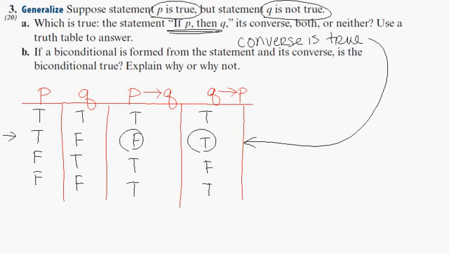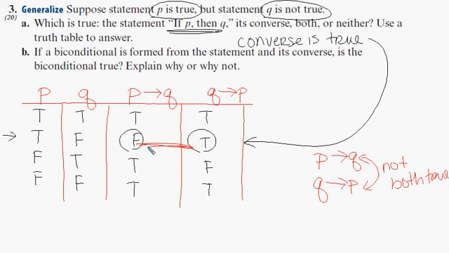Okay, so biconditional is if P then Q is true, and then also if Q then P is true. Well, these are not both true, okay? And you can see that from looking at this row right here, okay? They don't have the same truth value, okay? So therefore, the biconditional cannot be true.